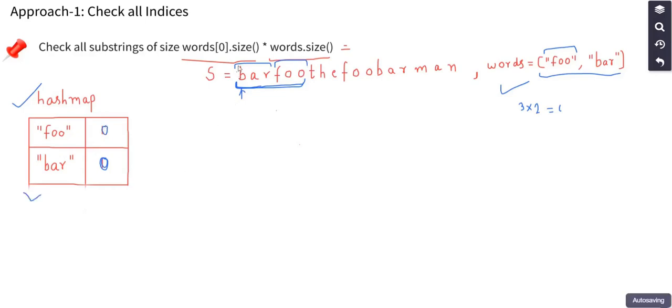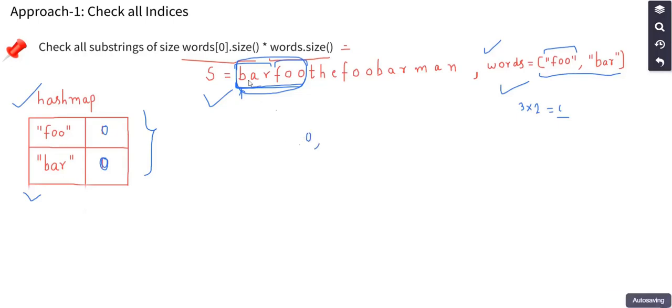Here we can see that while we have traversed the given substring of size 6, we have exhausted all the entries in the given hash map. That means we have used all the words which we had in the words array for constructing this substring. Therefore, this substring must be made from some permutation of the given words. Therefore, it is a valid substring. Hence, we push 0, which is the starting index of this substring, into our answer array.